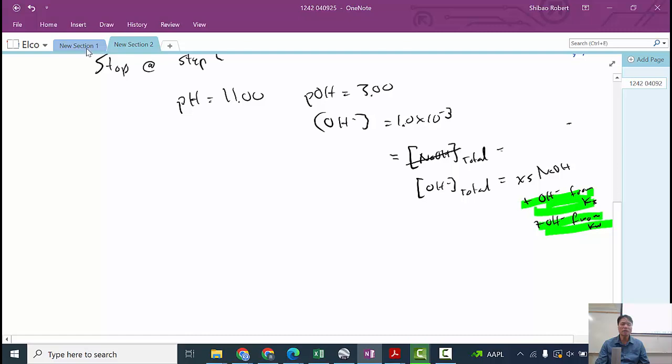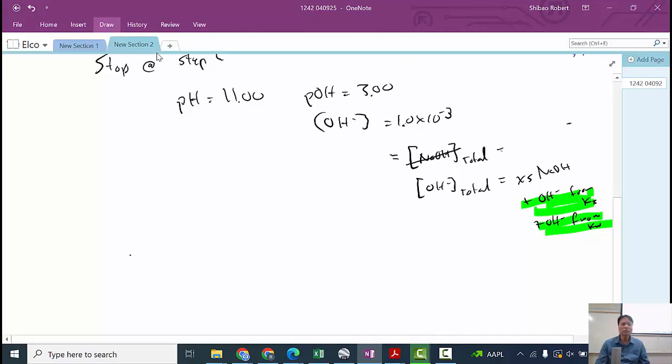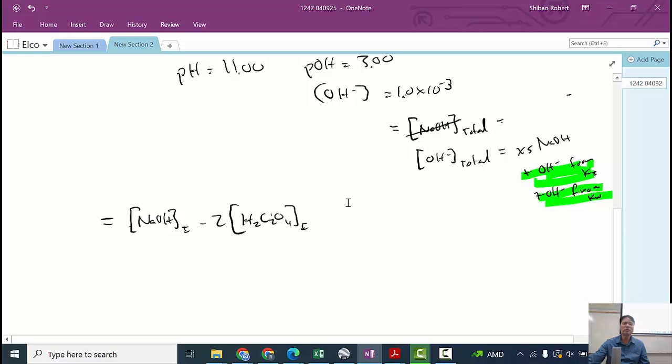The excess sodium hydroxide left over at the end of step 2 is equal to the sodium hydroxide initial minus the amount neutralized in step 2 plus the amount neutralized in step 1, which is equal to 2 times the concentration of oxalic acid initial. We have two unknowns, so we're going to do substitution next.